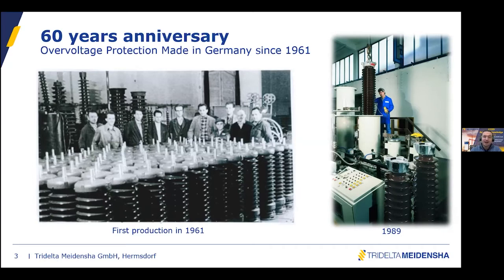Of course, at that time, it was not zinc oxide. It was silicon carbide surge arresters, a different type of technology. On the right side, in 1989, you can see the zinc oxide production. This was an important event for us last month.